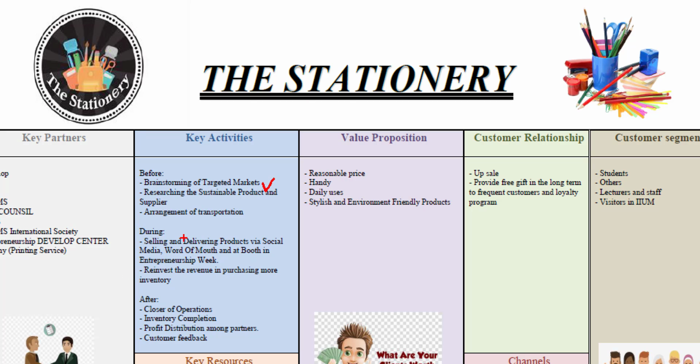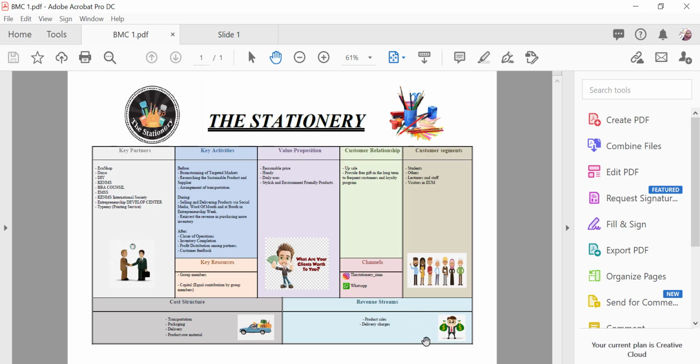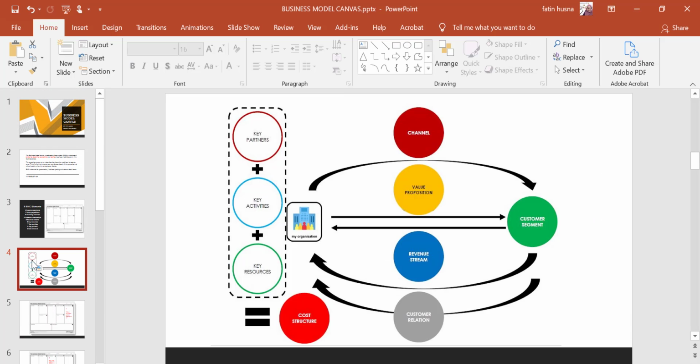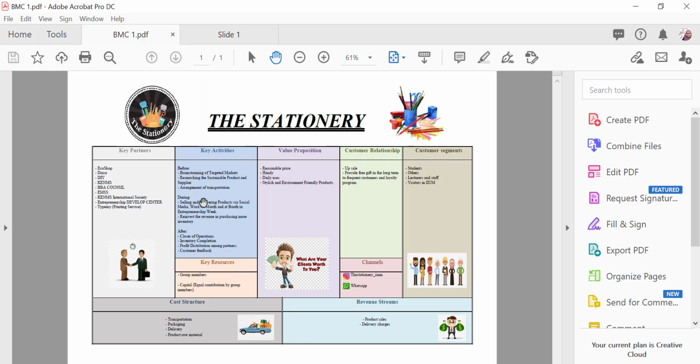What I mean here is that key activities, key partners, and key resources must be connected to the cost structure. As you can see here, the transportation, for example, packaging.